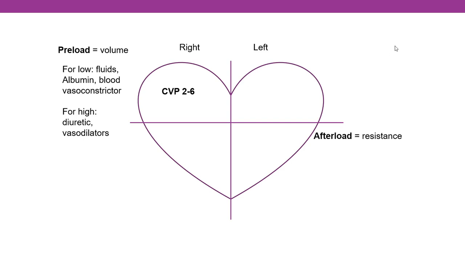All right, let's move to afterload. Afterload means resistance. That is the resistance the ventricles have to overcome to get blood out. We are going to specifically look at SVR, systemic vascular resistance, because the left ventricle pumps out to the systemic circulation.